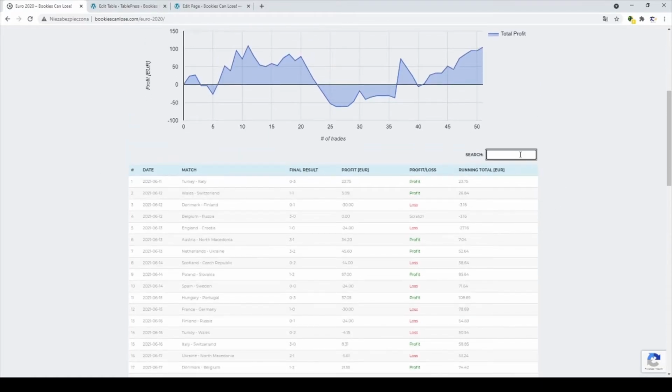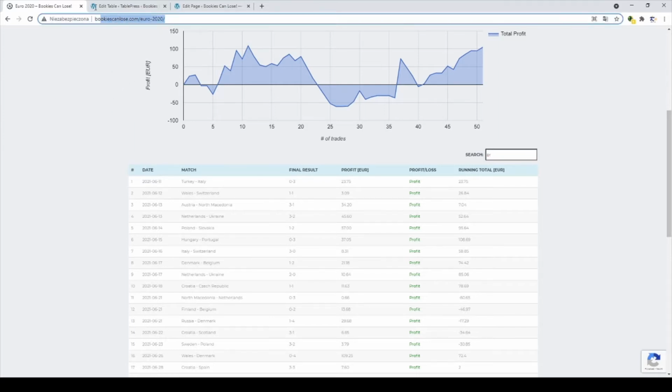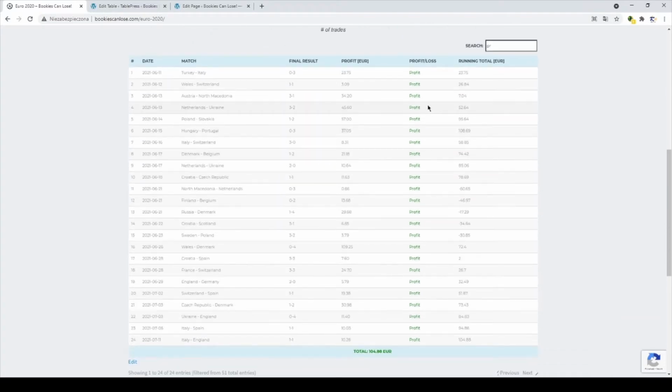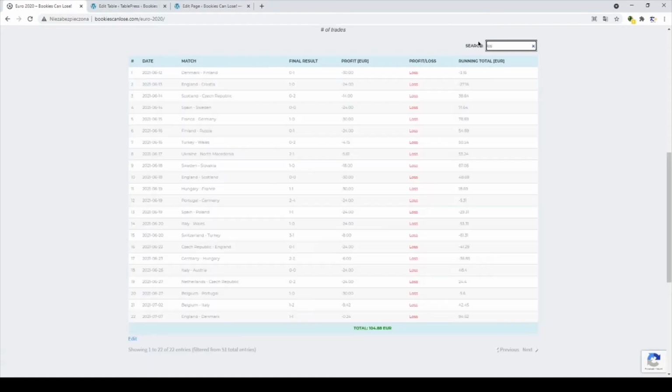Now we can do some searching, and this is all available on my website. If I filter by profit, I can see 24 profitable trades, so a little bit less than half of the 51 games. In terms of loss, we have 22 trades where we recorded a loss.